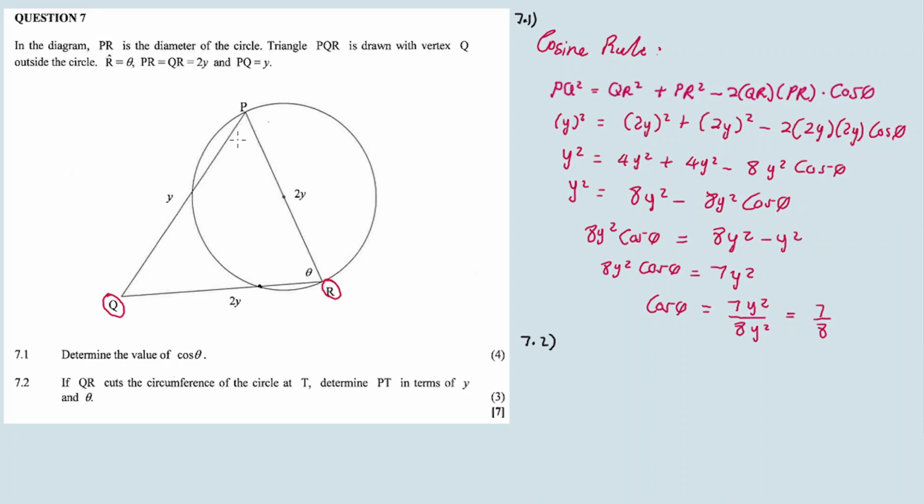QR cuts the circumference of the circle. Where does it cut? It cuts here, right? So now it means our T is somewhere here. If QR cuts the circumference at T, determine PT in terms of y and theta, right?